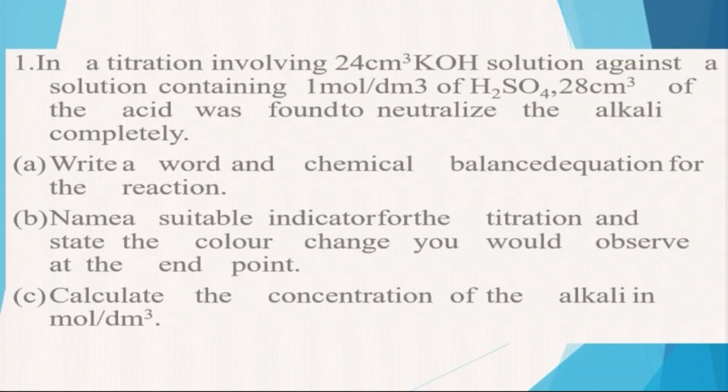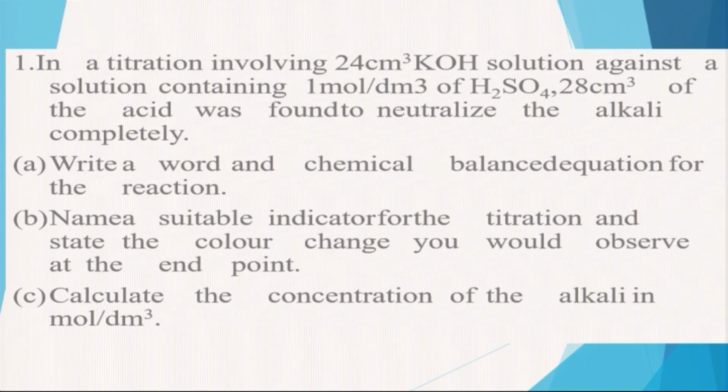In a titration involving potassium hydroxide solution against a solution containing 1 molar per decimeter cubed of sulfuric acid, 28 cubic centimeters of acid was found to neutralize the alkali. So you need to first interpret the reaction or the question first.